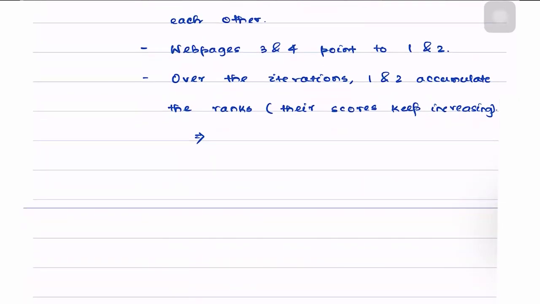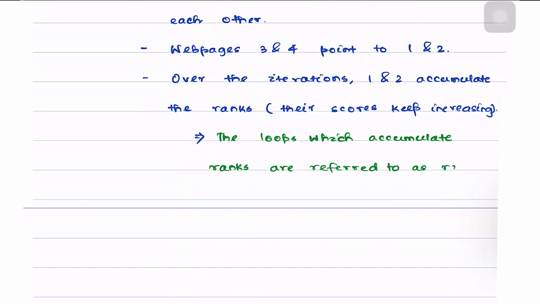Hence, in the original paper, any loop or subgraph which accumulates rank, the loops which accumulate ranks are referred to as rank sinks.